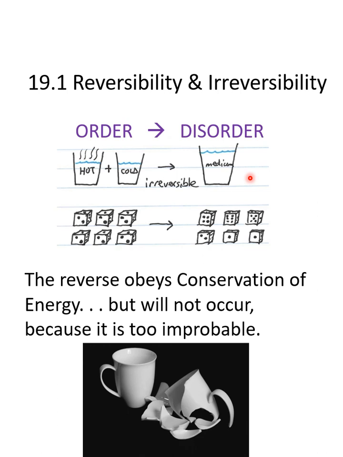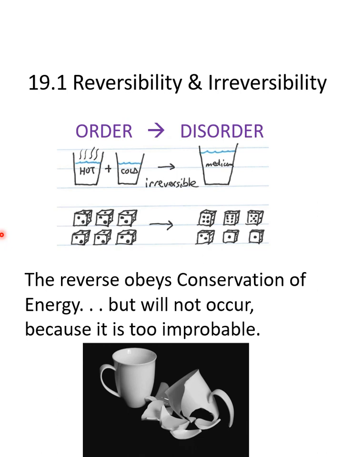That would be going from disorder to order, and nature doesn't spontaneously do that. It would not violate conservation of energy to do that, but it is unlikely to go from disorder to order.